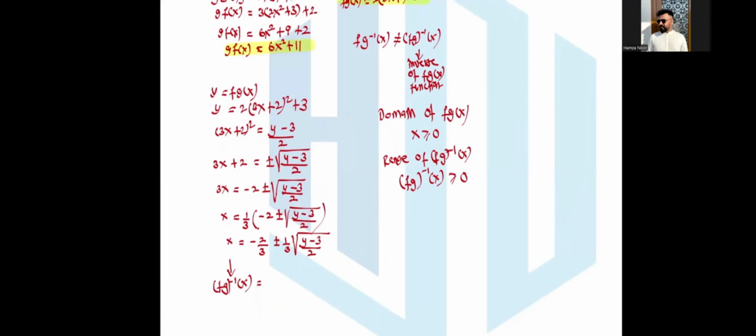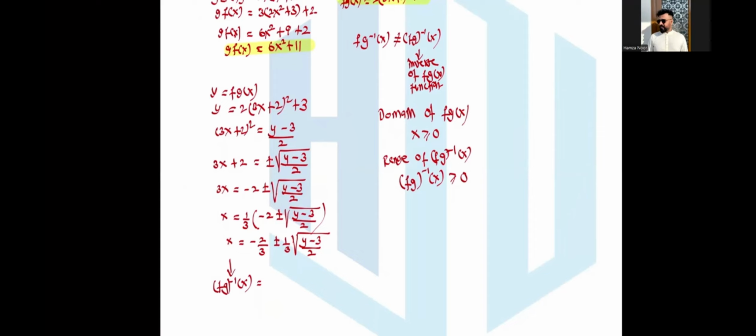The outputs for the inverse of f(g(x)) need to be greater than or equal to 0. So obviously in minus 2 over 3, I need to add something, which essentially means that the positive sign will come over here.